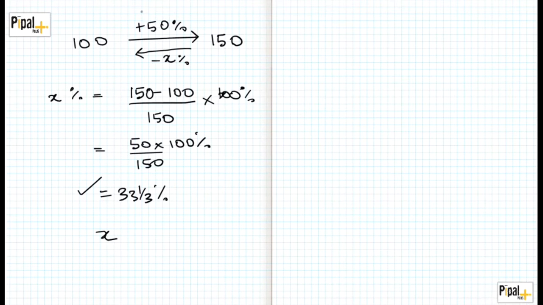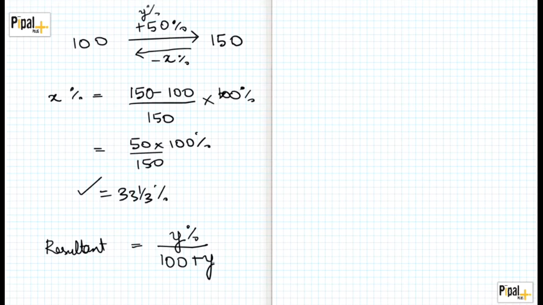So you notice that the increase, let's say, was let's call it y percent, right? So if the increase was y percent, right, then my resultant percentage reduction will be y divided by 100 plus y into 100%, right?